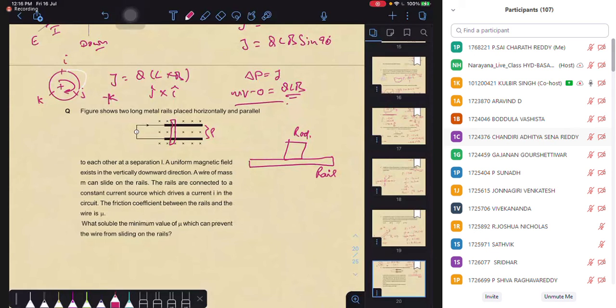So current is passing, let's say I current is there. The magnetic field is vertically downwards. From the side view, current is a cross.